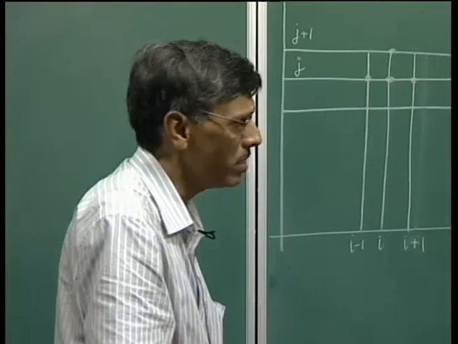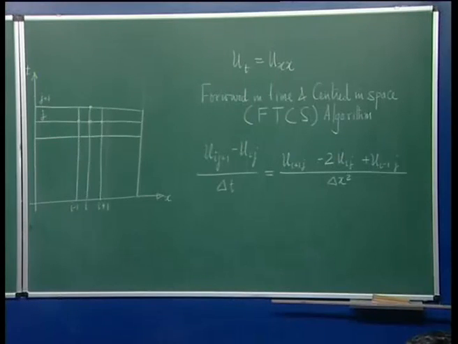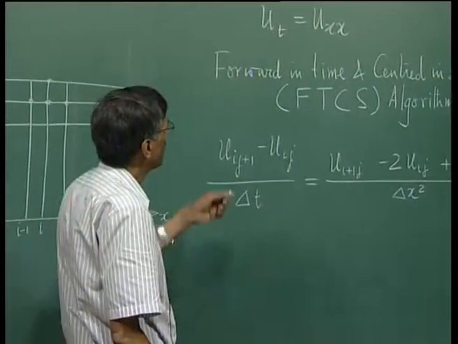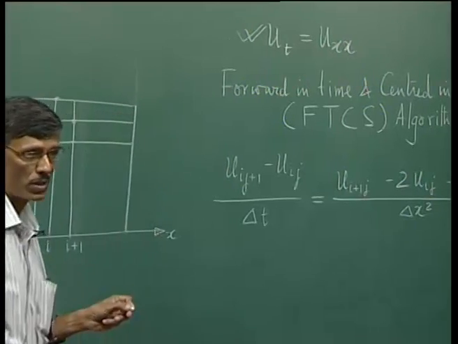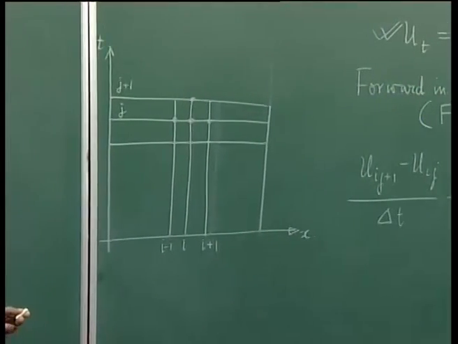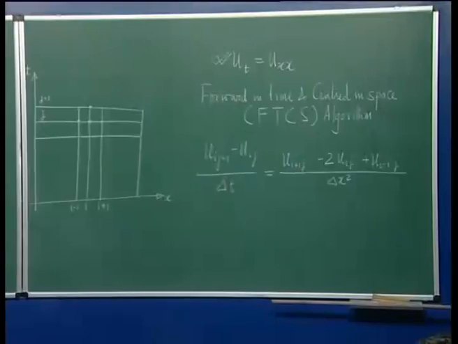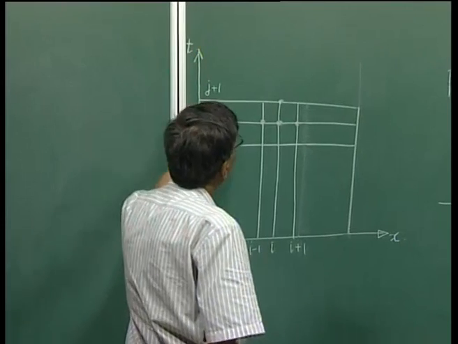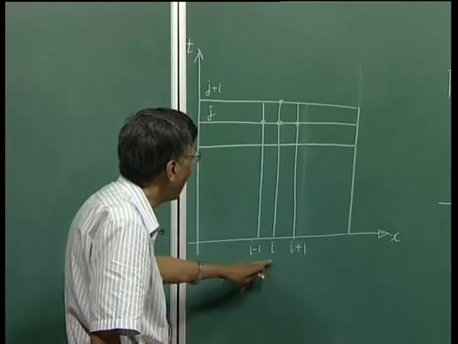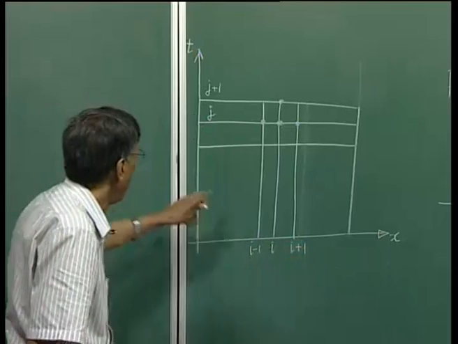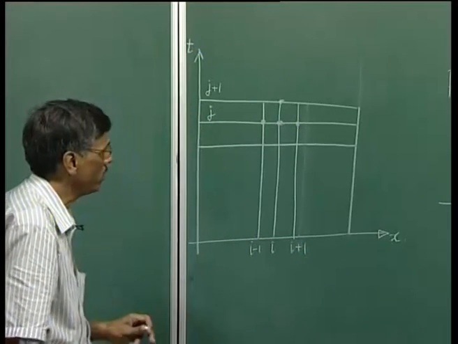We are solving parabolic partial differential equations, and today we first demonstrate by taking a one dimensional heat equation as given here. The partial derivative of u with respect to time is equal to the second derivative of u with respect to x, and this is defined in an x-t plane with spacing indicated by index i along the x direction and j along the time direction.